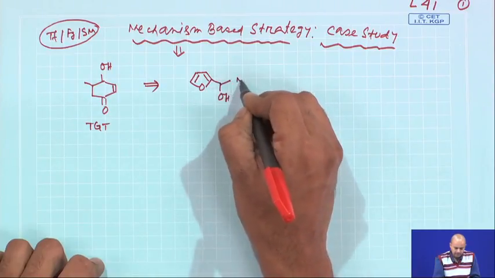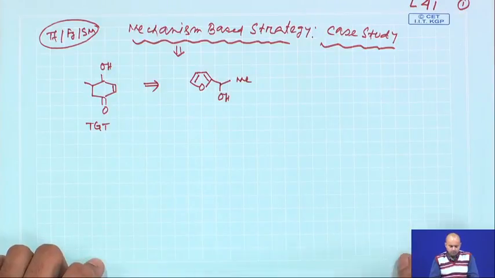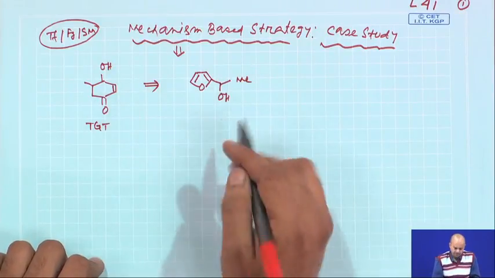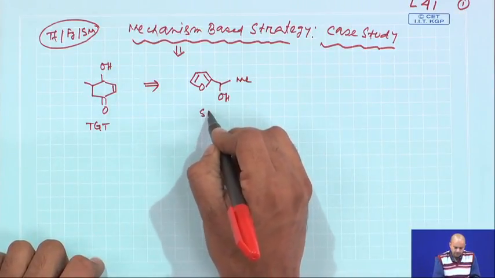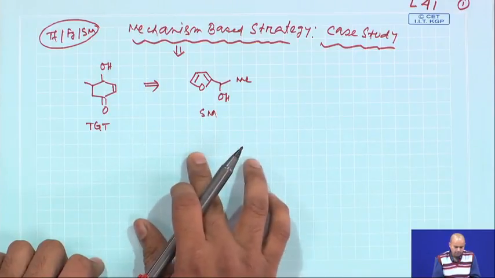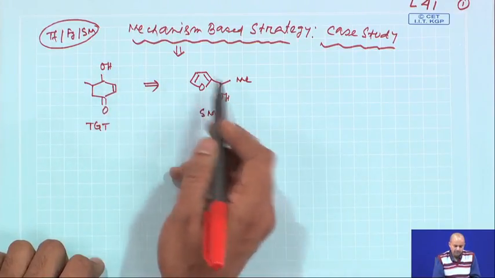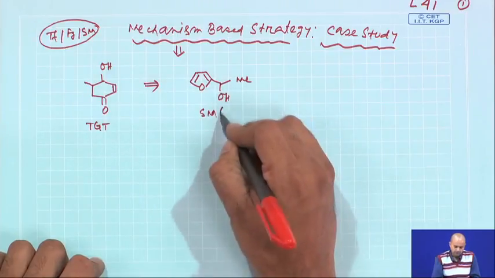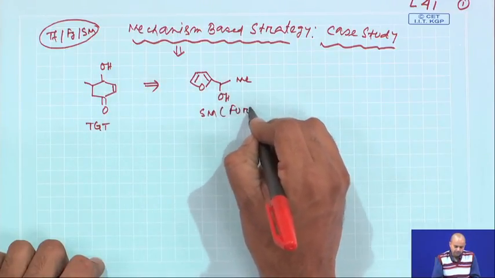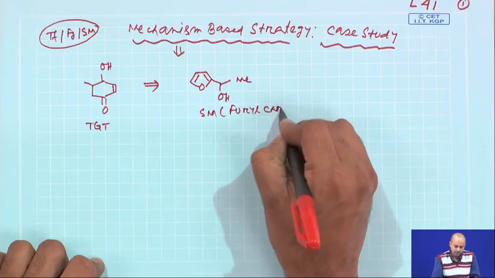If you do the structural analysis of the target and the starting material, you will find that you just need an oxidative rearrangement of this furyl carbinol system.